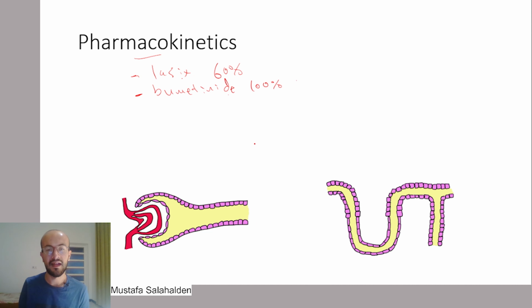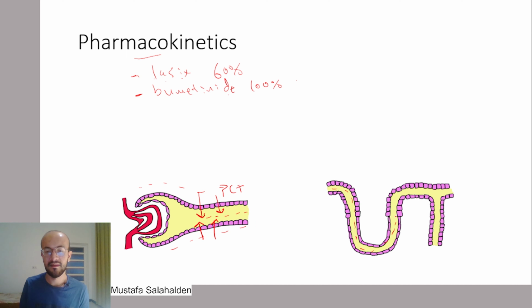Also, after they get absorbed, these drugs are going to go into different organs, including the kidneys. They would go into the renal capillaries, beside the proximal convoluted tubules here. They would be secreted into the proximal convoluted tubule from here, then flow in the filtrate into the loop of Henle.